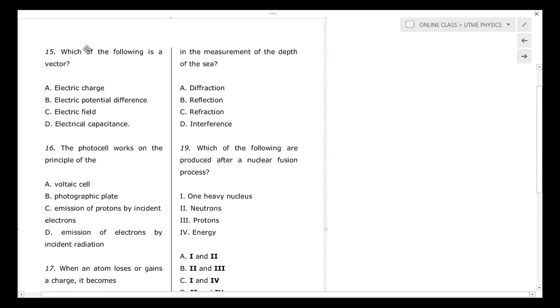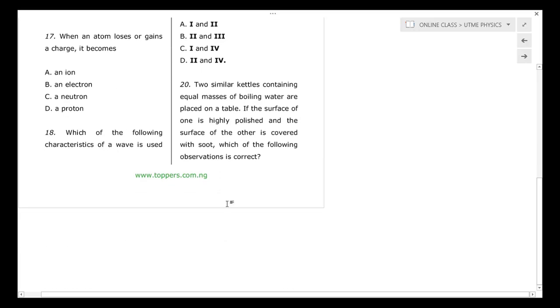Let's go to number 15. Number 15 says, which of the following is a vector? A, electric charge, no. Electric potential difference, no. Electric field, yes, that's it. Electric capacitance, no. Anytime they give electric field intensity, gravitational field intensity, or magnetic field intensity, they are all vectors.